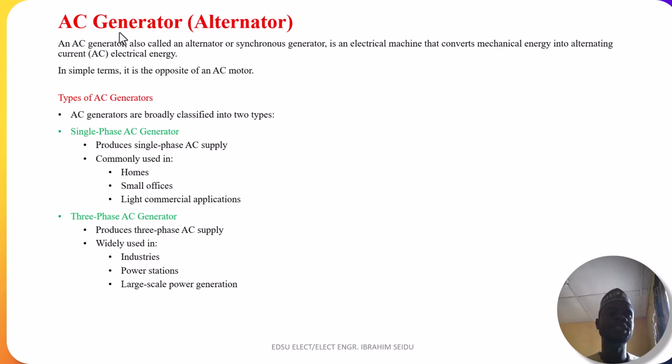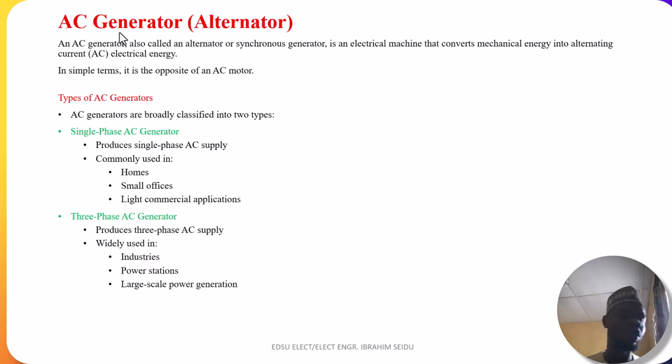Now, types of AC generators. AC generators are classified into two types, just like AC motors. We have single phase AC generators and three phase AC generators. The single phase AC generators are commonly used in homes, small offices, and light commercial applications.